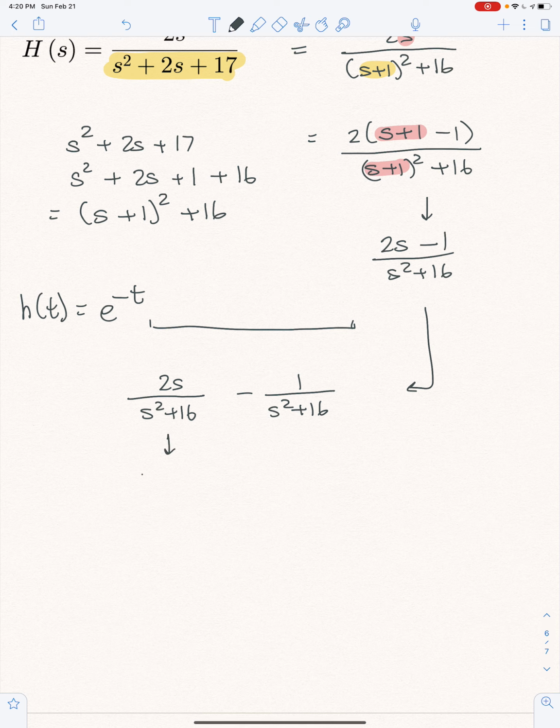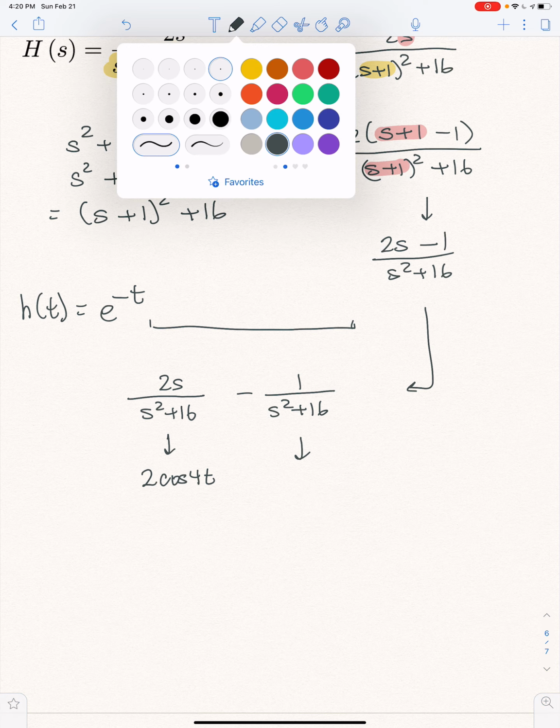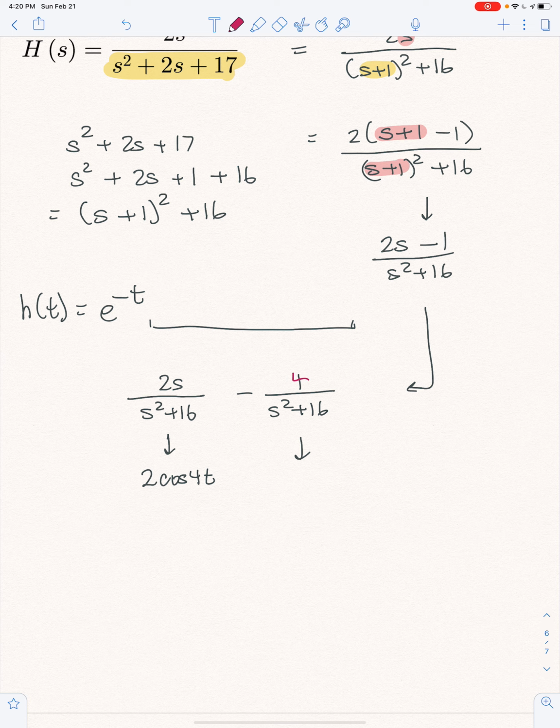So that means this is 2 cosine 4t. And we know that a over s squared plus a squared transforms to sine at, which means I'm going to need to multiply by 4 and 1/4 to make that work, because I know that this is the transform of sine of 4t. So that means this is minus 1/4 sine of 4t.